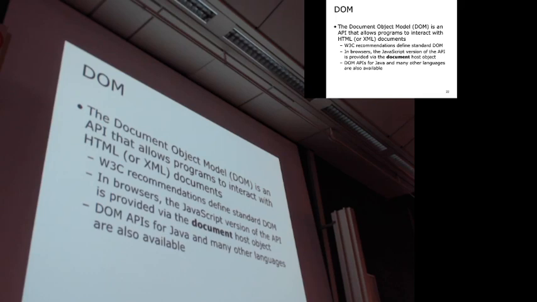In JavaScript, the access to this document is not part of the language standard, but it is part of what the JavaScript environment in your browser offers to you as a developer. So this document object is a host object because it's an object provided by the host of the language, in this case the browser.